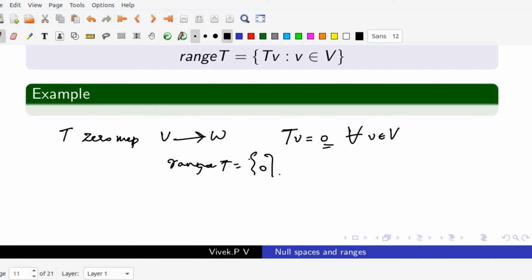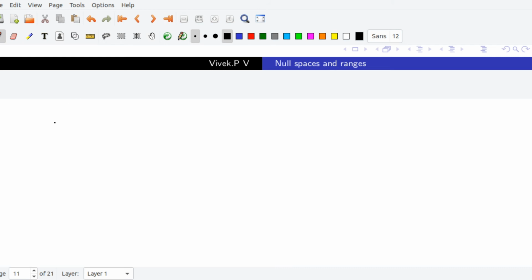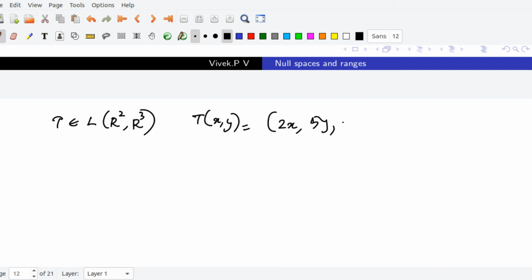Consider the next example. T is an element of L of R2, R3. The map is defined by T of (x, y) equal to (2x, 5y, x plus y).